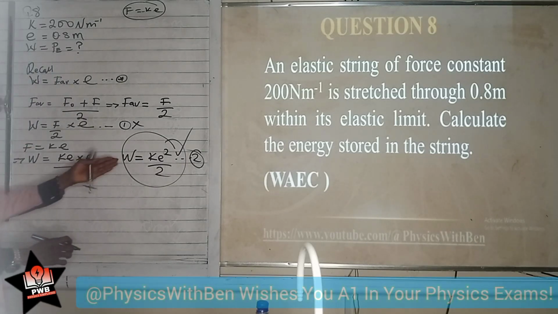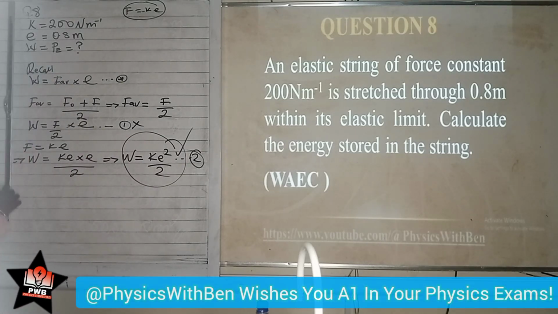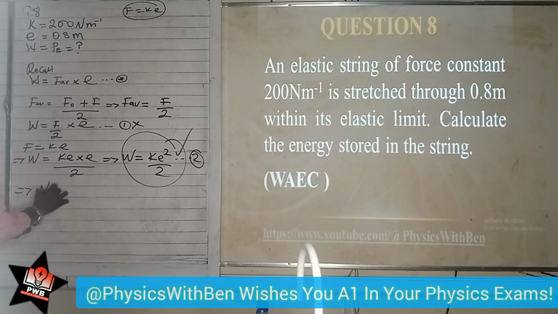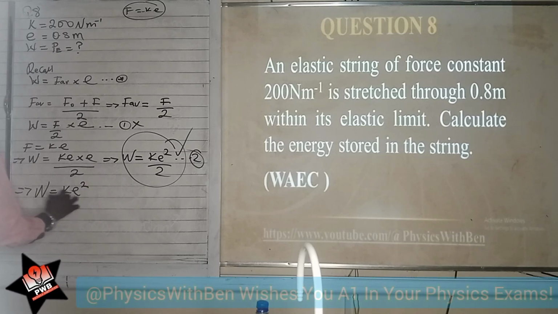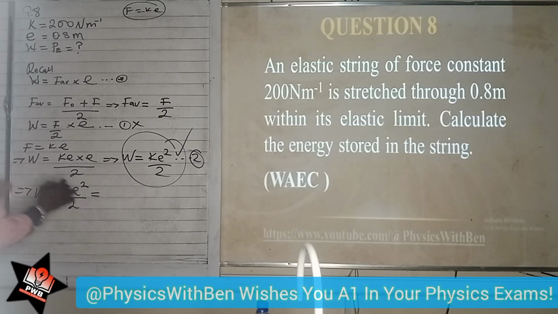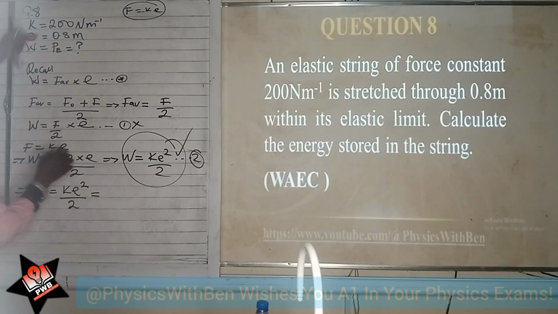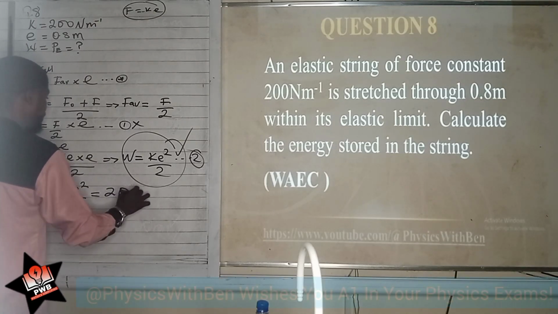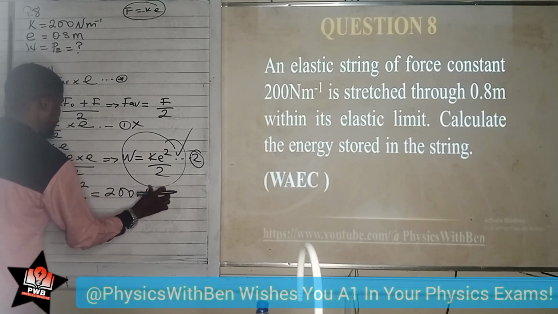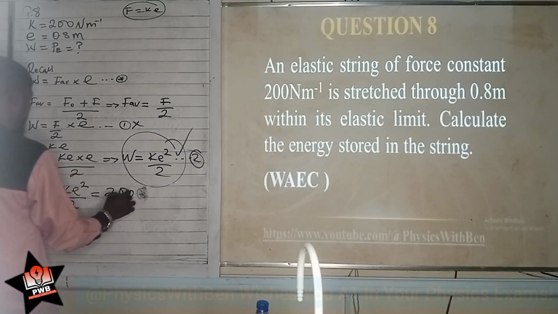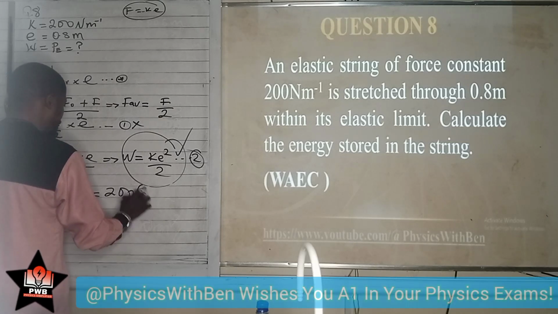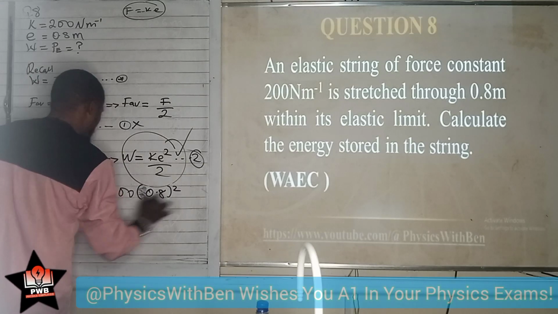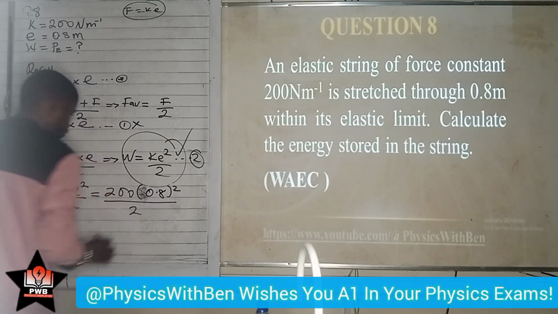W is equal to KE squared all over 2. At this point, we substitute correctly. We have K equal to 200 Newton per meter, times E, 0.8 squared, divided by 2.